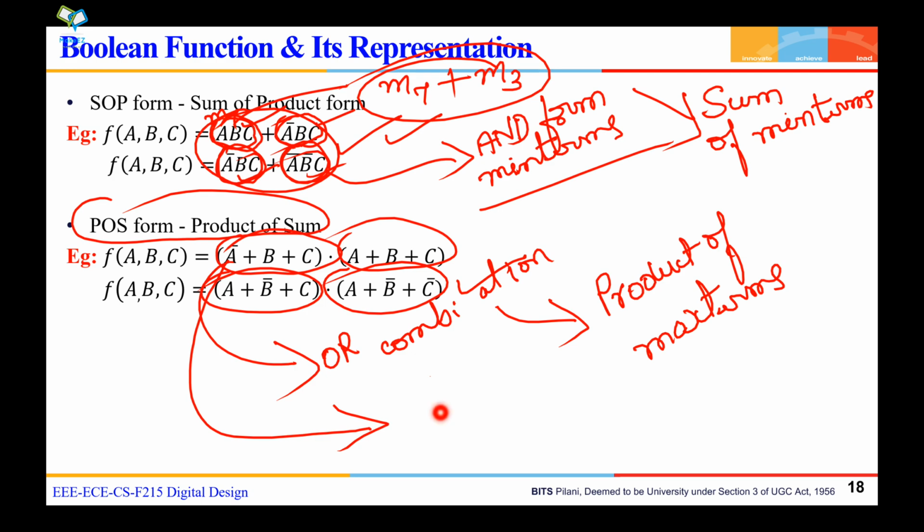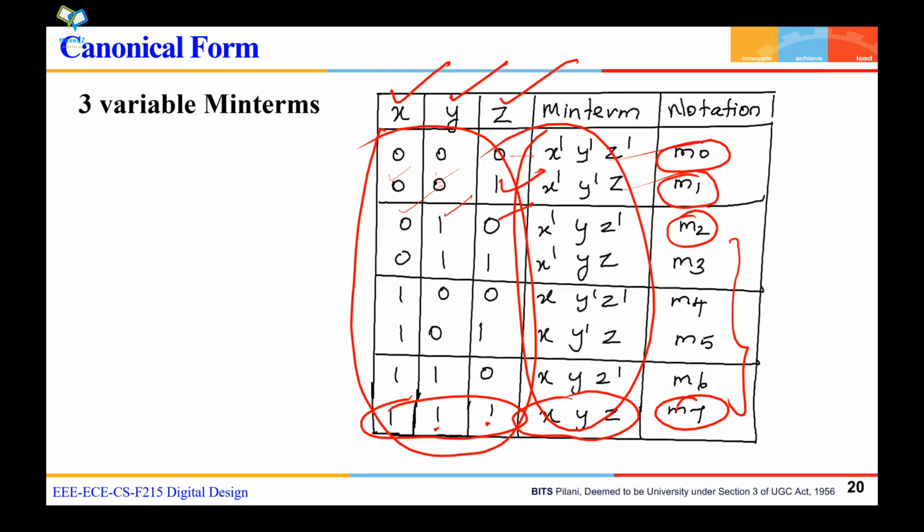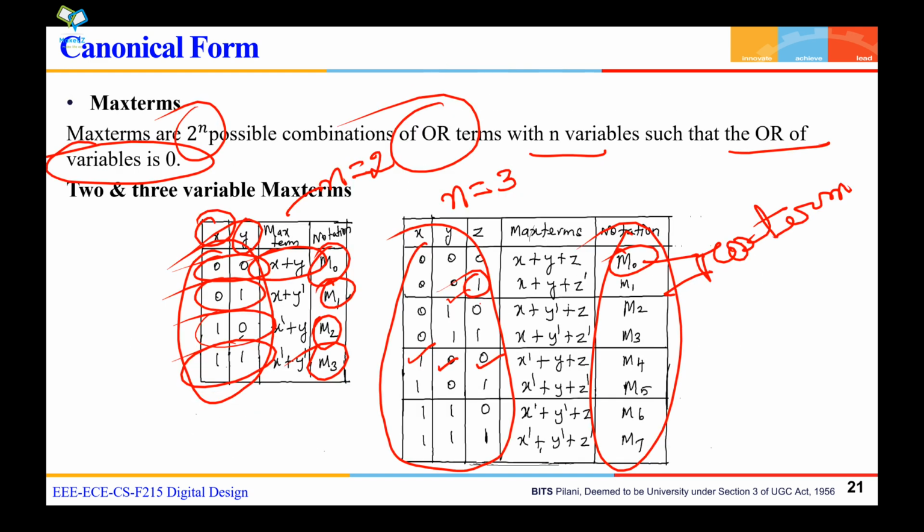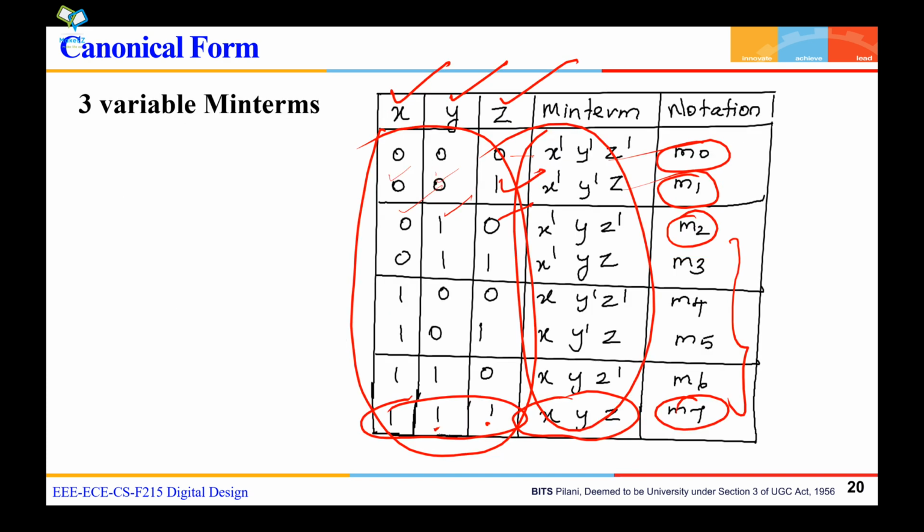It is actually 1 0 0. So which max term is that? You can go to the max term table. If you see the max term table, 1 0 0 is x bar, y, z. It is M4. Okay, it is M4.